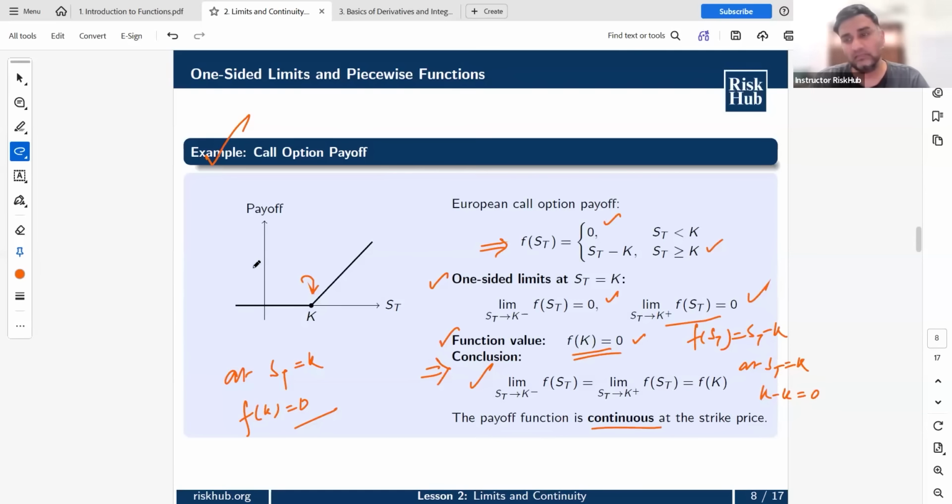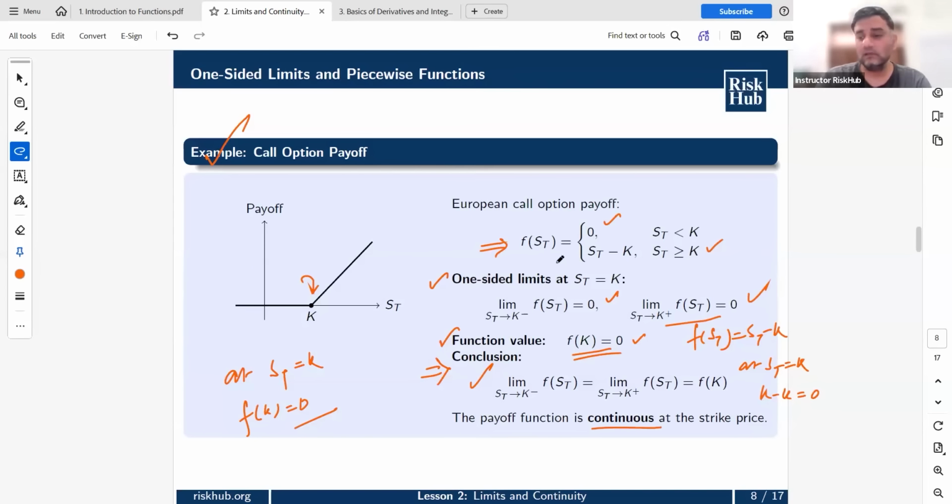That is why traders closely watch ATM options. So this is a financial concept. I'm trying to join the dots. So limits help us understand how financial variables behave near critical points like the strike price, the bankruptcy level, the expiry dates, the leverage thresholds, right? This is why limits are the mathematical backbone of quantitative finance, which we need to understand.